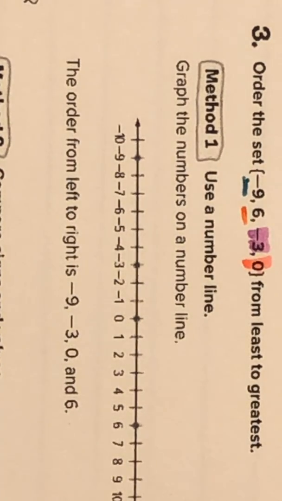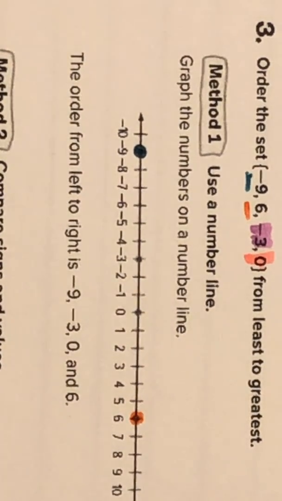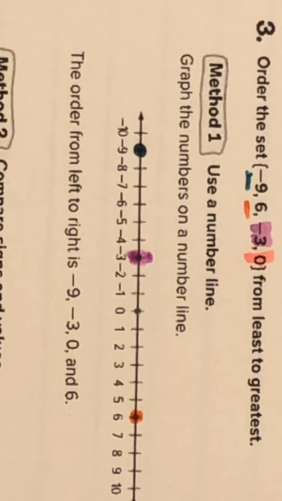Okay? So method 1, I can use a number line, and I'm ordering them from least to greatest. So smallest to biggest, all right? So I'm going to graph each of these on a number line. So there's -9, there's 6, -3, and 0.